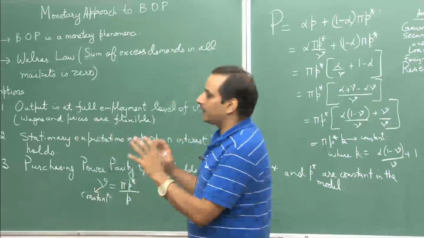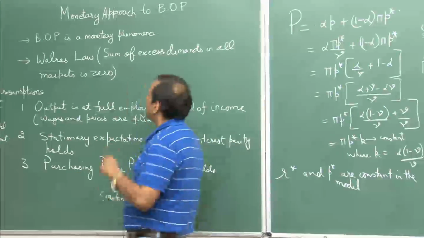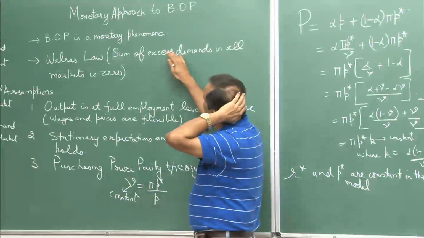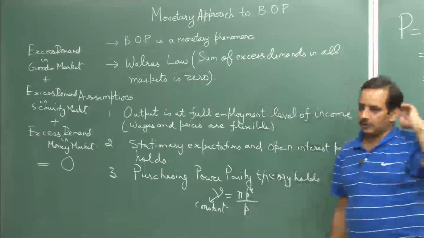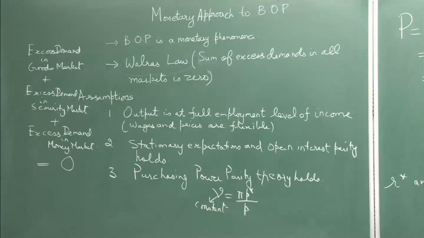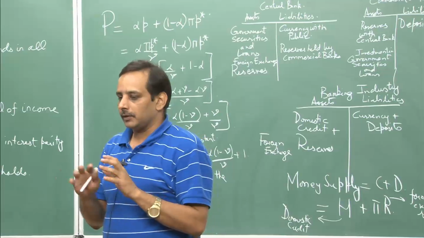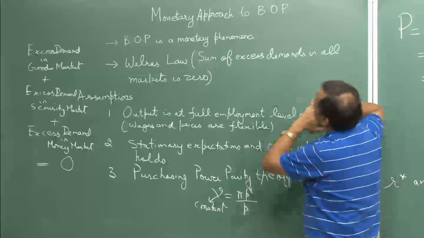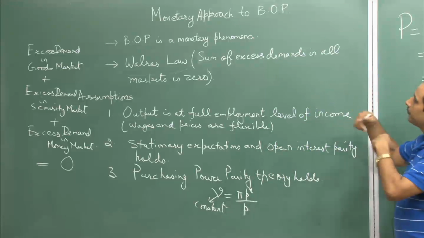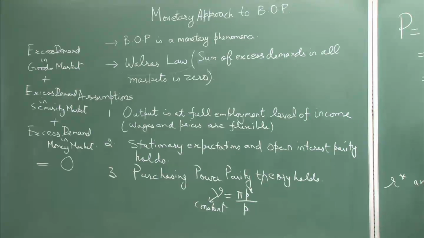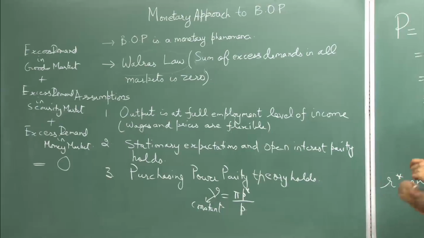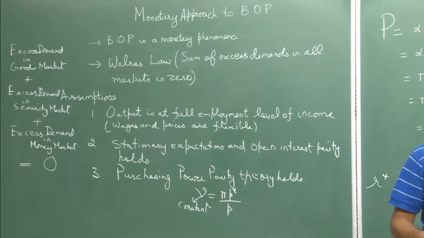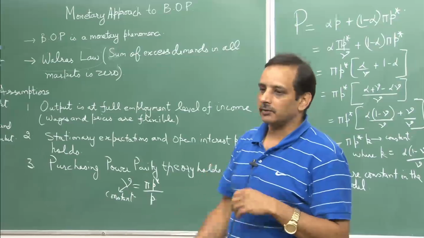So it's similar to that, and it explains the workings of the gold standard. The gold standard would work if there were changes in the money supply, and then it would have an impact on the prices and so on.